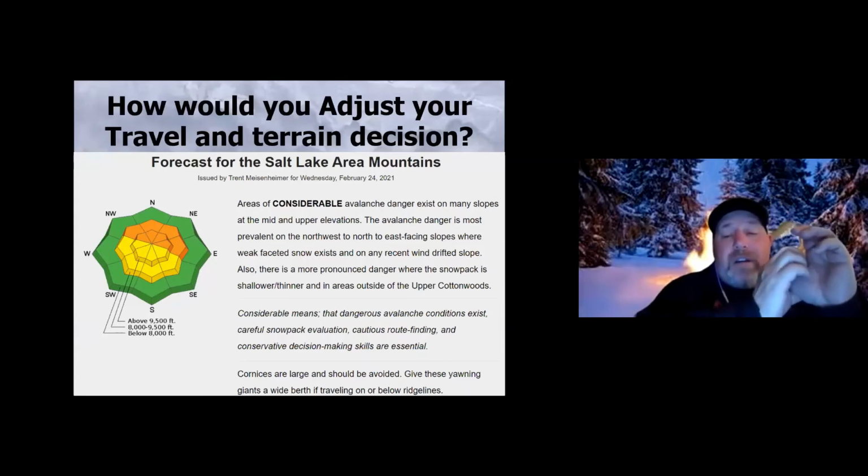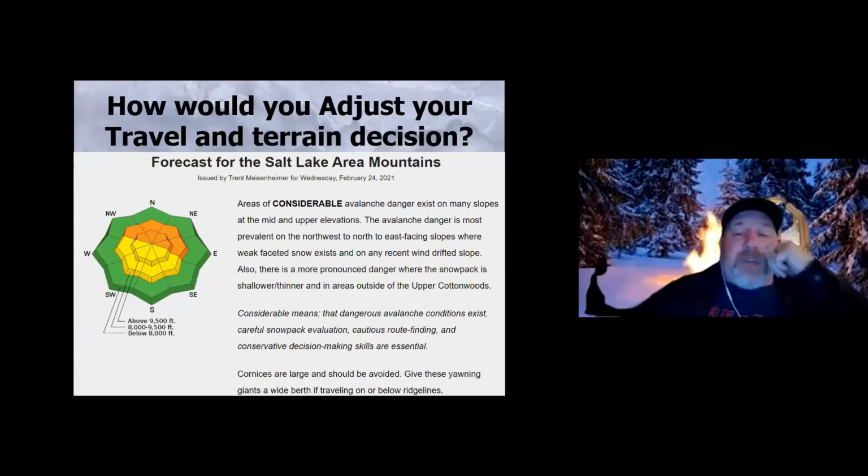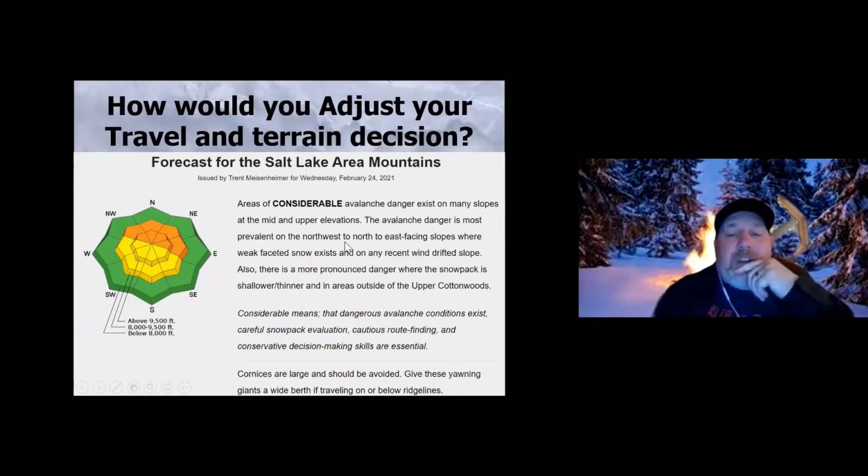So there are some dangerous conditions. Cornices should be avoided. It tells you everything you need to know. They still have those east-facing slopes where weak faceted snow exists, and any wind-drifted snow is also there.